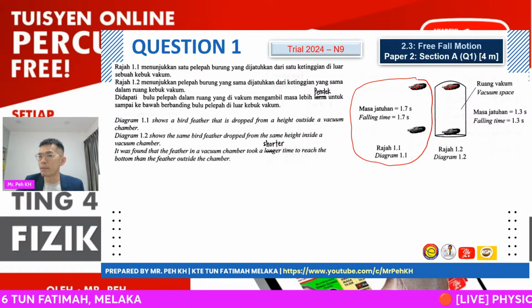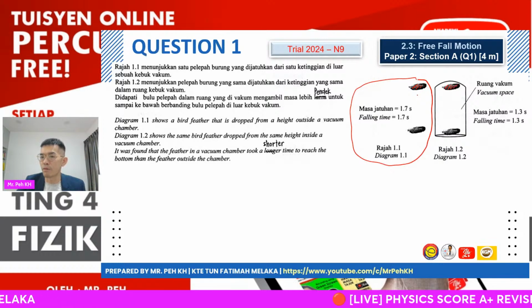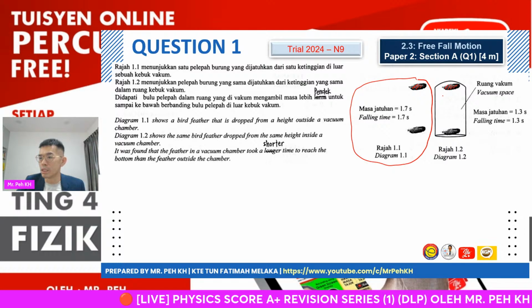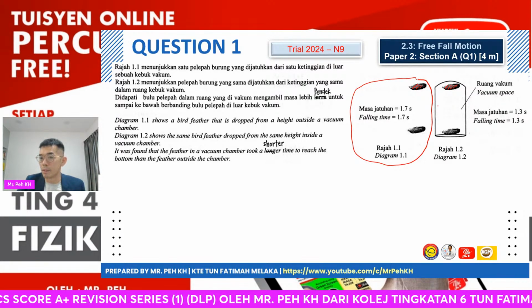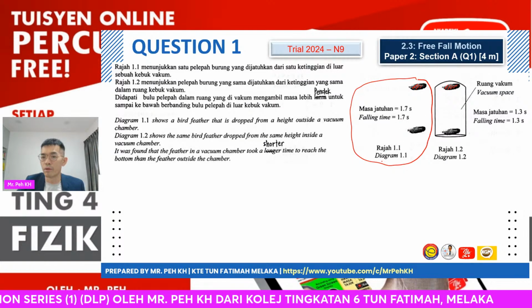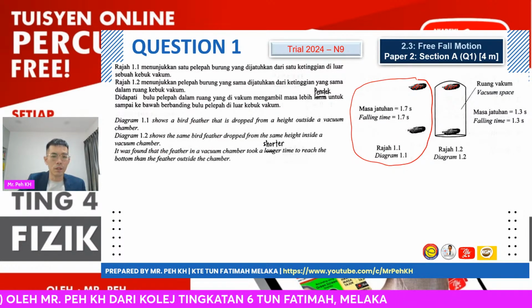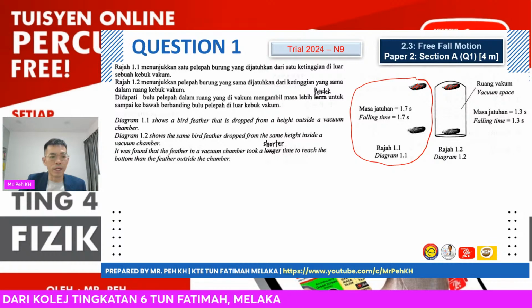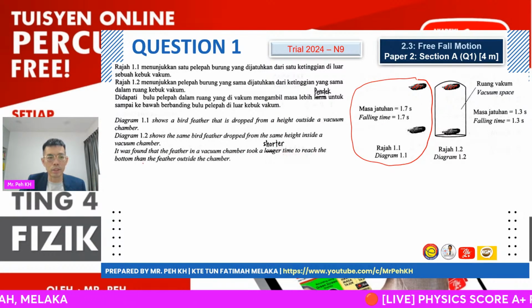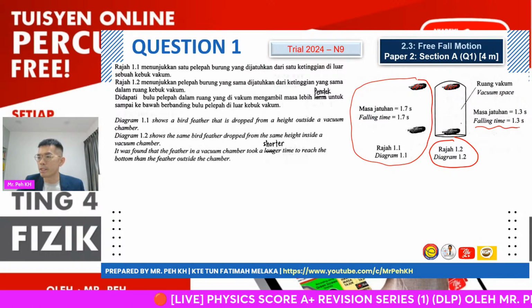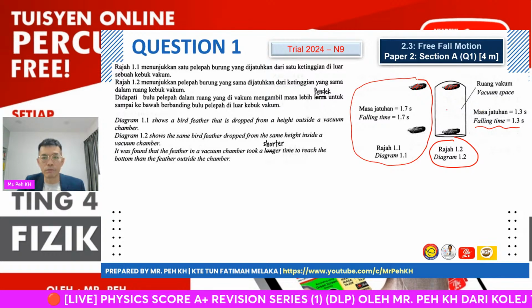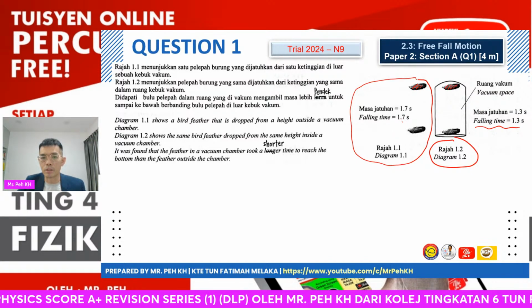If you still remember, the factor affecting the falling time here is the surface area, which causes the air resistance to become higher in the case of diagram 1.1. So you will find that the feather in the vacuum chamber took a shorter time to reach the bottom. In 1.2, the falling time is about 1.3 seconds, and for 1.1, it will take a longer time.